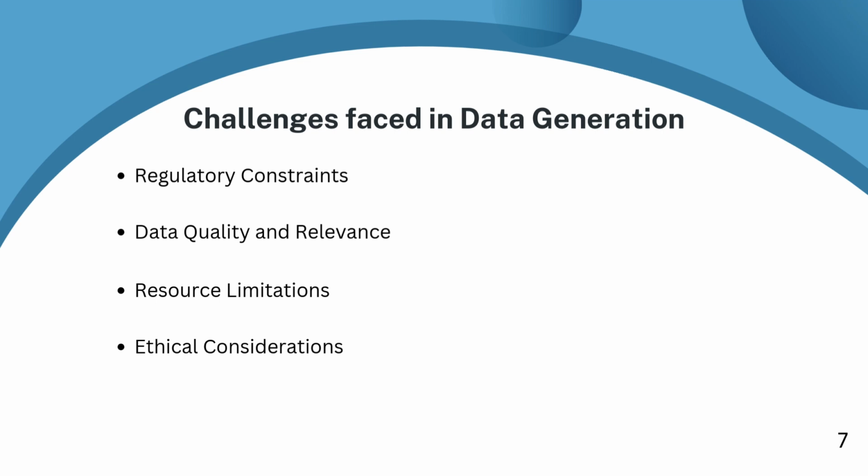If patients feel their privacy is not adequately protected or their data might be misused, they may hesitate to participate. Ensuring robust safeguards, clear consent processes, and transparent communication about how data will be used are vital to navigating this challenge.